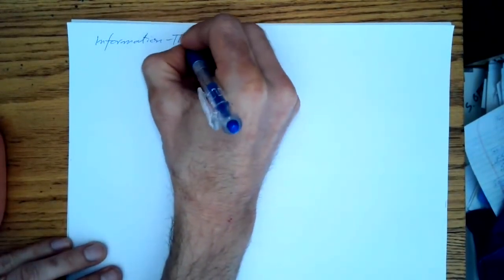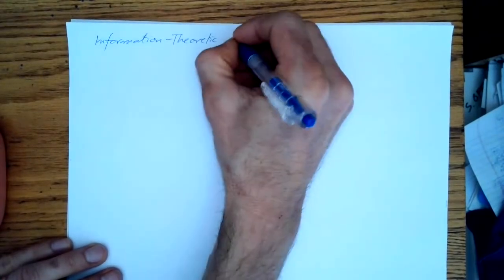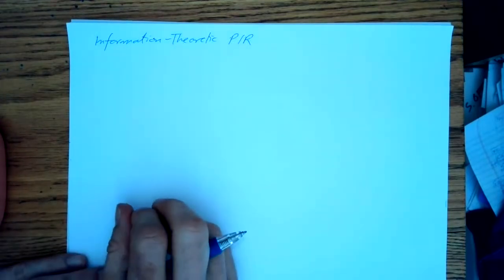So the information theoretic version of this is kind of the same idea, but rather than homomorphism of encryption, we'll basically compute on the plain text.